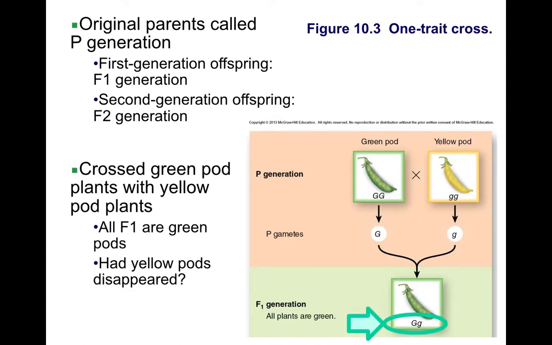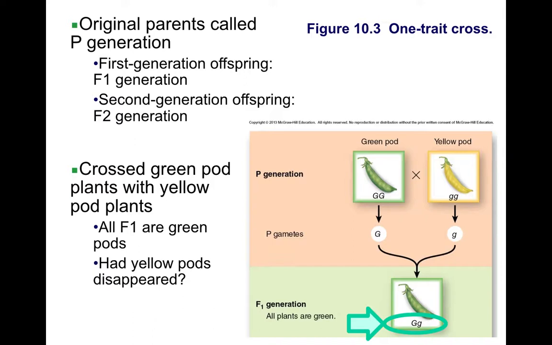Well, we remember that if there is even just one capital G present, it will override any other form of that allele. So we will see green pods as a phenotype. But if all of the offspring in the F1 generation look green, so have a green phenotype, does this mean that all yellow pods have disappeared?